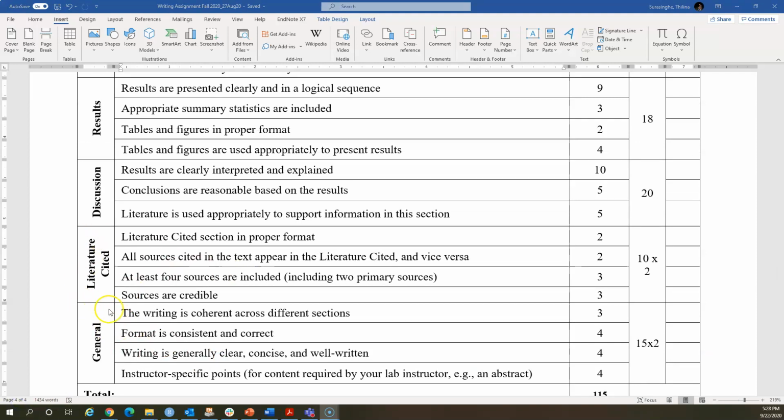Please do not forget to include the literature cited component. You could easily forget it. It's a smaller part, an easy way to lose points, but don't forget. It's as simple as formatting the few literature papers that you read.